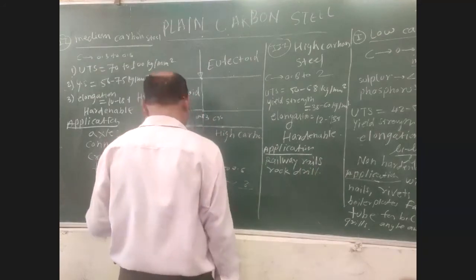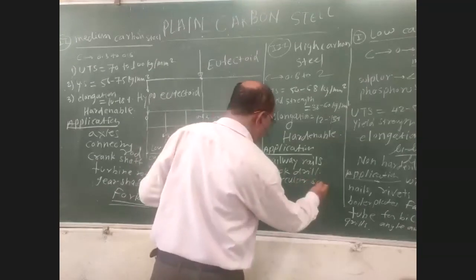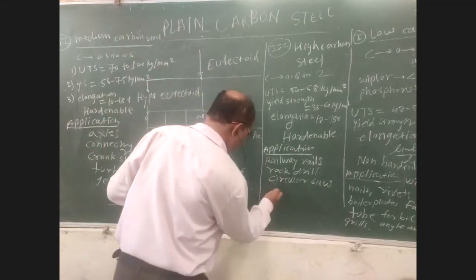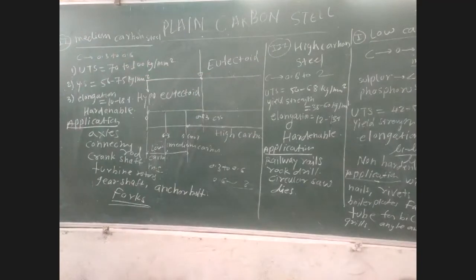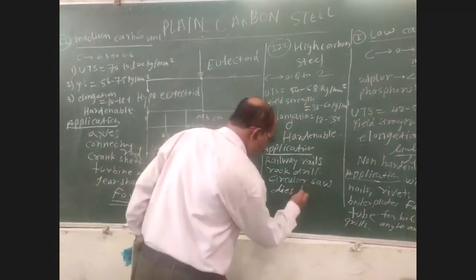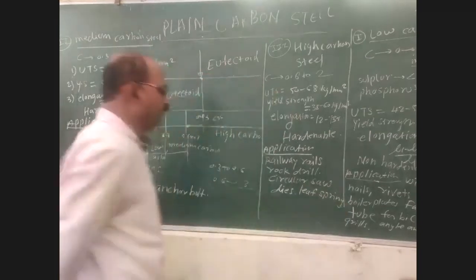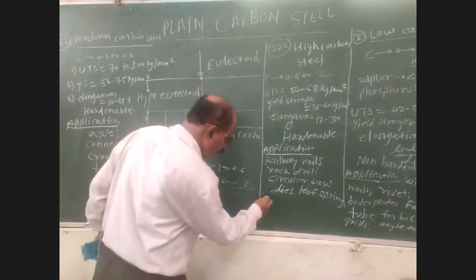Then circular saw, bend saw, hacksaw, etc. Then different types of dies, press tool dies, bending dies we can use. Then leaf spring, which is used in our vehicles. This is made from high carbon steel. Then broach, all cutting tools.